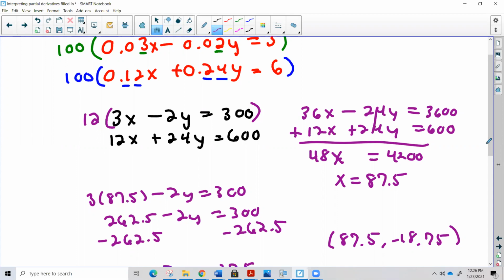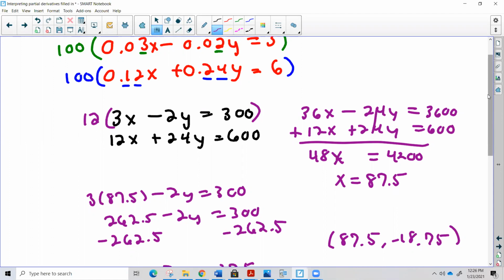And you can plug it into the original just to make sure you didn't make any mistake. Okay, and if I do that, I also get 6. So I just plugged this in for X, this is for Y for each one, quickly in my calculator, and made sure I got the right answers.